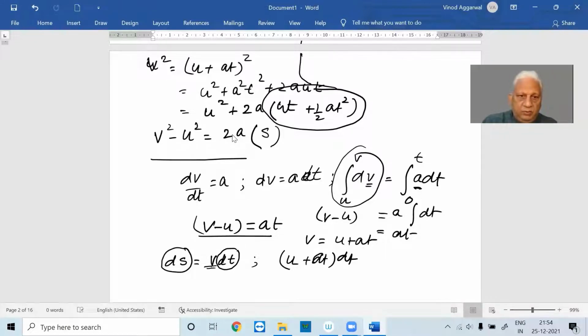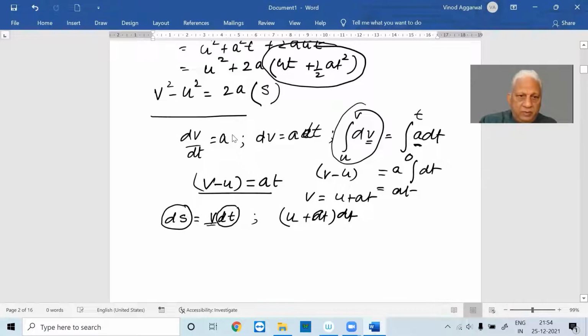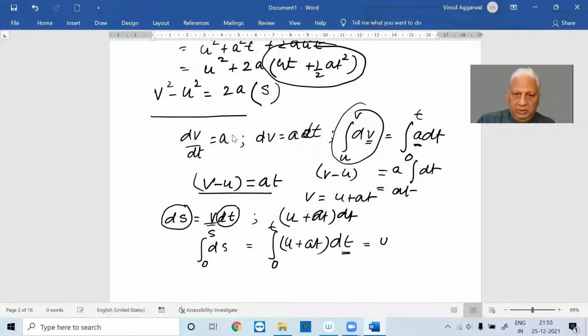Now we integrate both, integrate ds, s goes from distance 0 to s, t goes from time 0 to time t. This is equal to ut plus half at square. This becomes our distance.